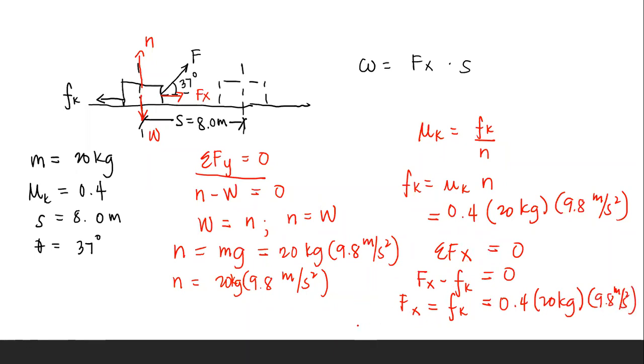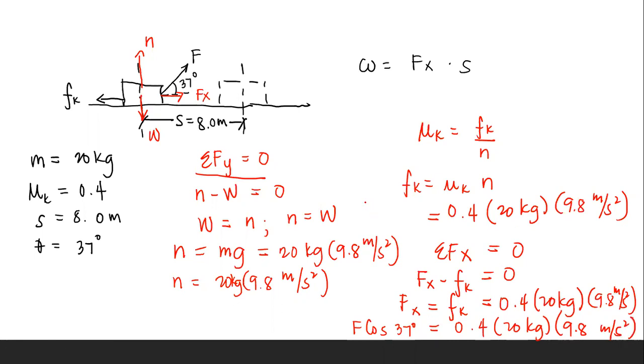But your Fx is also equal to F cosine 37 degrees, equal to 0.4 times 20 kilogram times 9.8 meter per second squared.